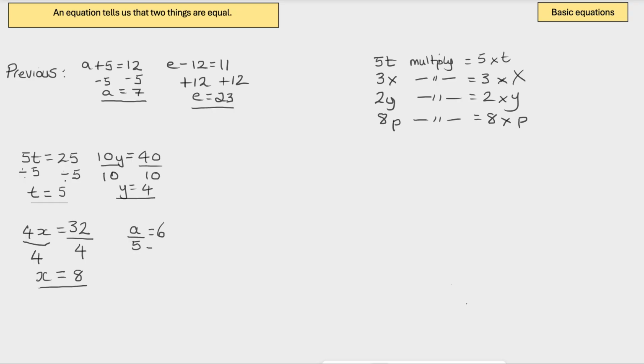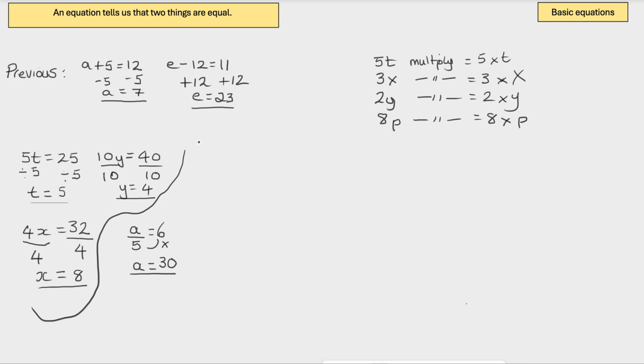So what you do is you multiply out those numbers and it will give you your unknown, which is A, an answer. So A equals 6 times 5, which is 30.